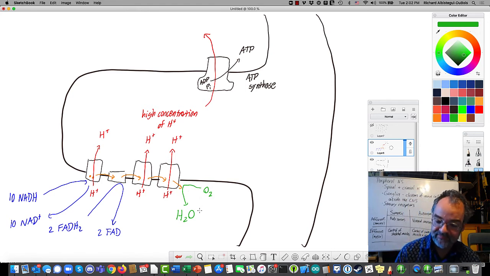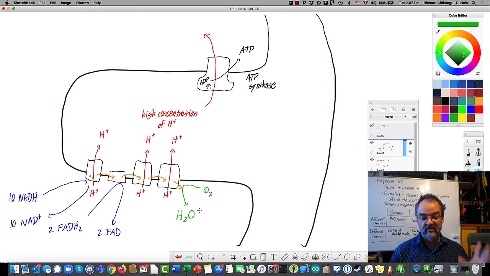Okay, so that was our final step. That's oxidative phosphorylation. We use the energy from the electrons to pump protons into that space. Oxygen then accepts those electrons, makes water. The protons diffuse out through ATP synthase, which uses that movement to make ATP. How much ATP? That's actually going to depend on how efficient this is. Unlike the other steps, where I could say glycolysis produces a net gain of 2 ATP, always 2.